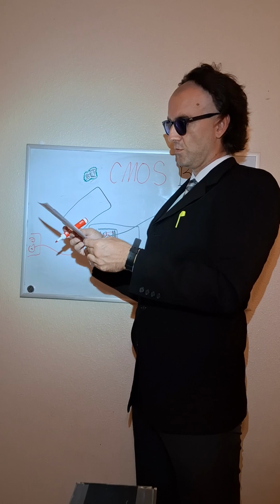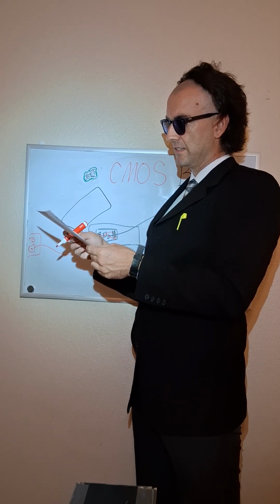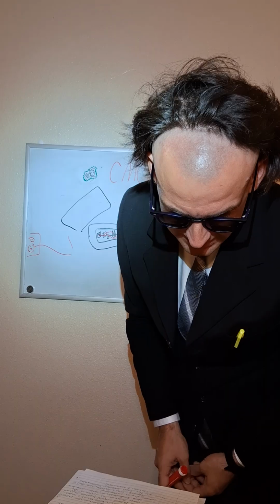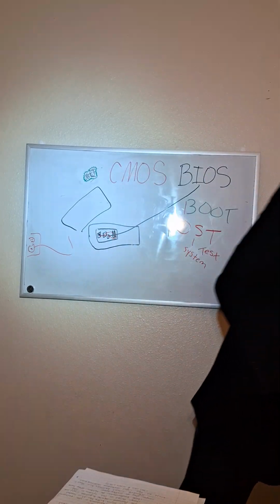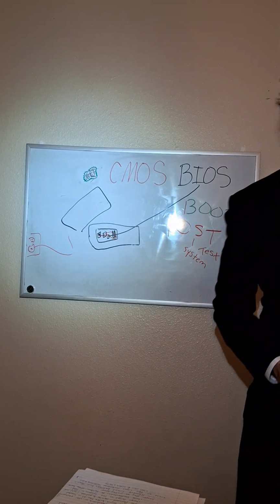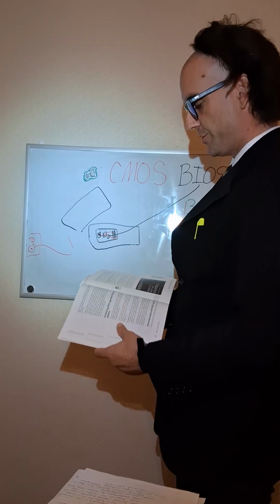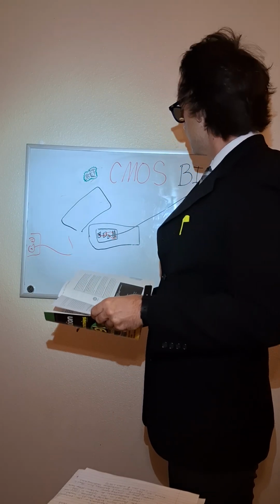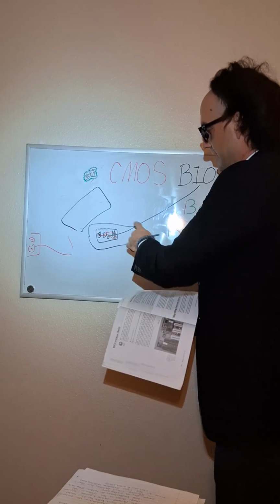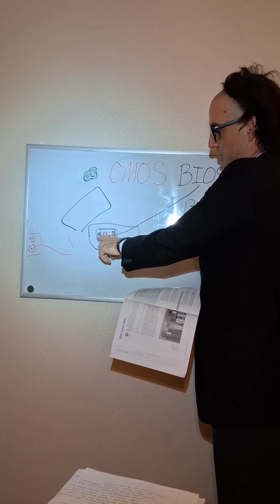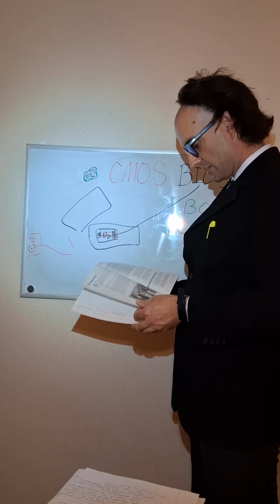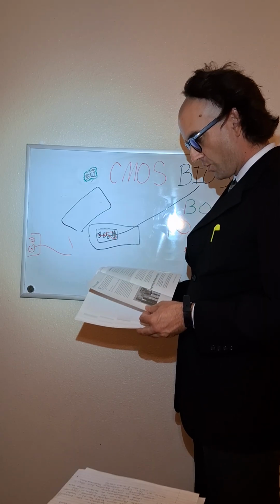So what the POST does, I'm going to find that definition later. It's in this book, this how to get the A+ certification for dummies. But what the POST does is it has all these little units, the CPU and the GPU and the memory and the ports.